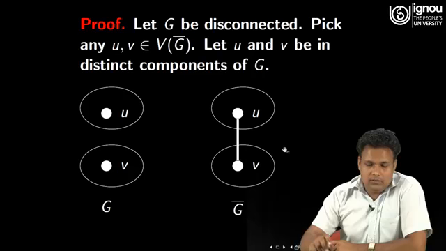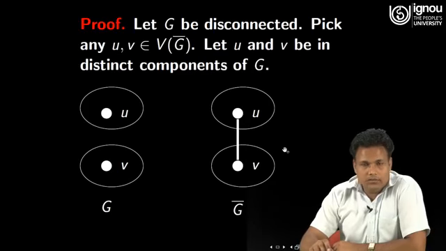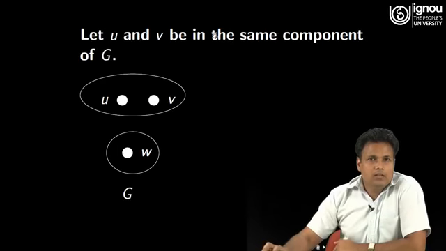Okay. Now we consider the second case. So assume that U and V are in the same component of G. This is one component that contains both U and V, but G is disconnected. So there is one more component of G, and now you just pick any vertex W in this component.